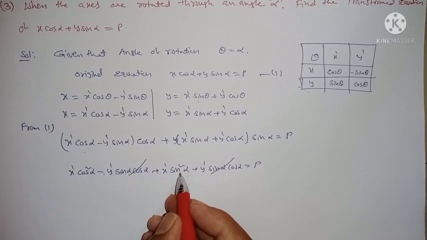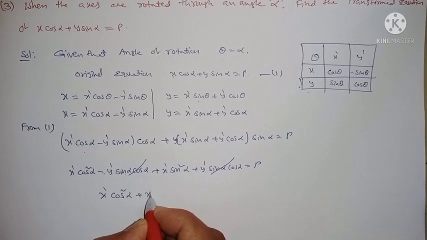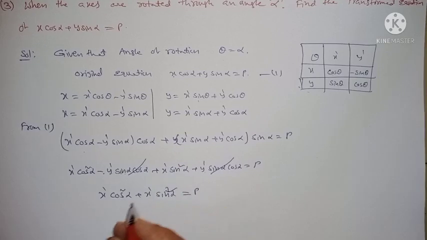These two terms, x dash cos square alpha and x dash sin square alpha is equal to p. You can take x dash common. The remaining term is sin square alpha plus cos square alpha, and that is equal to p.